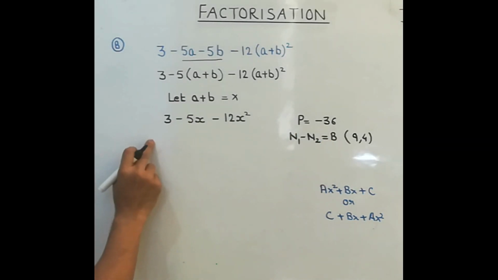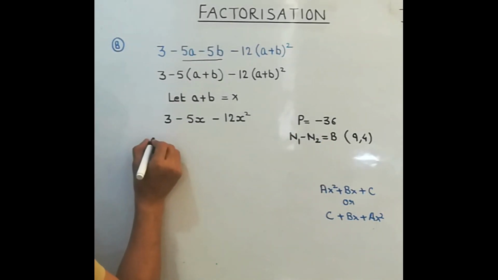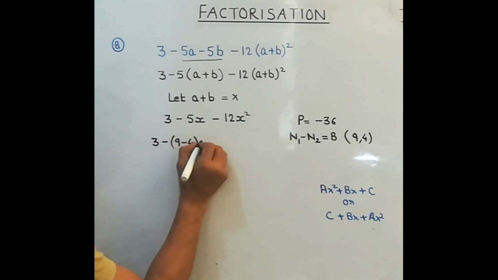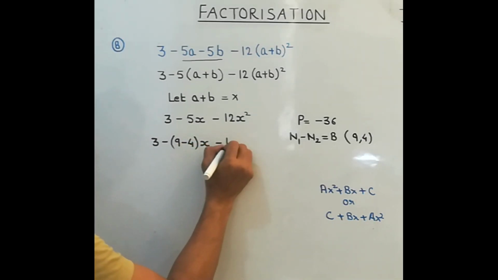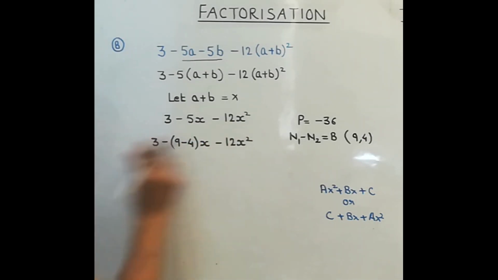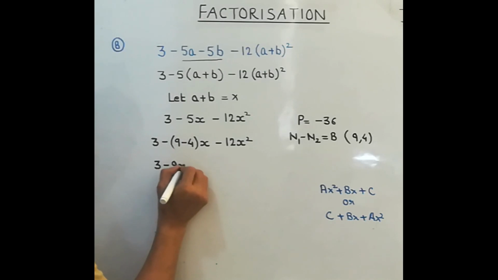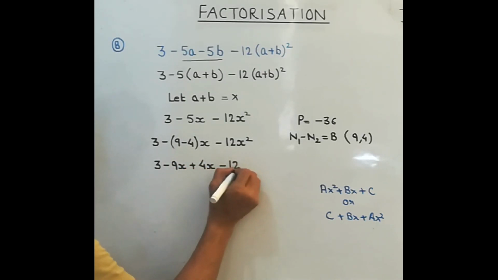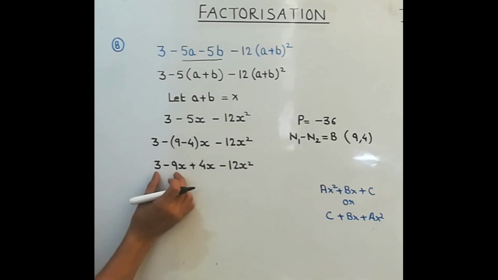So in the next step you are going to replace b. B will be replaced by 9 minus 4. It will be written like this. Now open the bracket for the grouping. So we have got two groups.